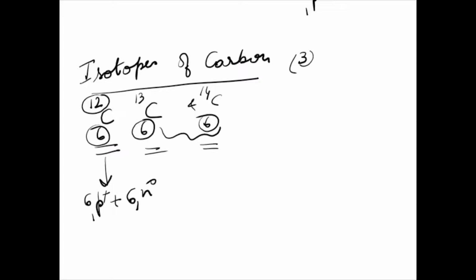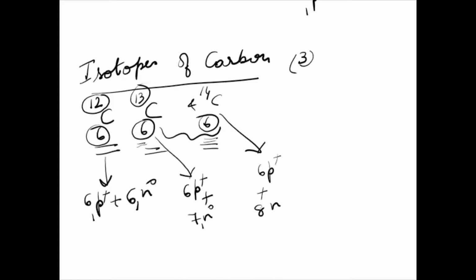Because its mass number is 12. This isotope has 6 electrons, which is common in all. It has 6 protons, since it has 6 electrons, but it has 7 neutrons. So that is why its mass number is 13. And this isotope of carbon has 6 electrons, which is common, but in its nucleus it has 6 protons and 8 neutrons. Okay, so these are all isotopes of carbon, right?